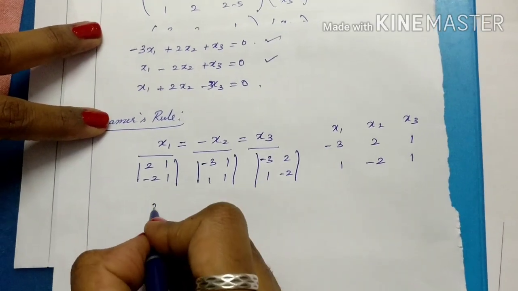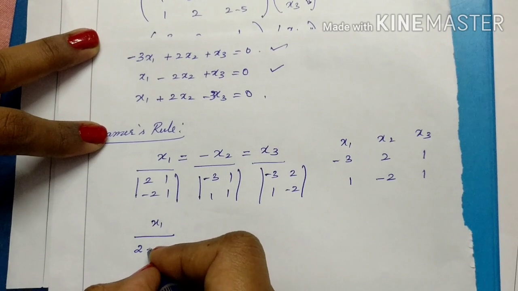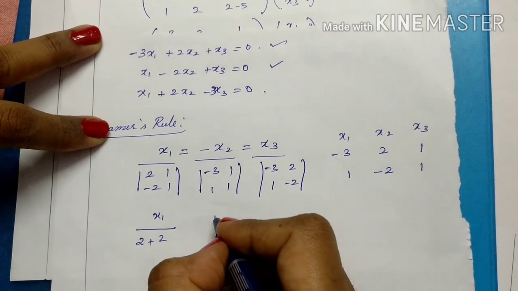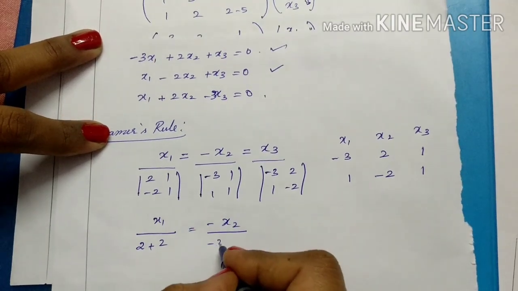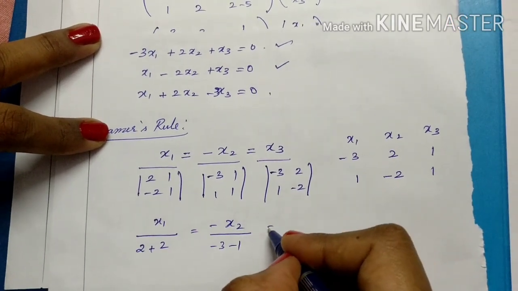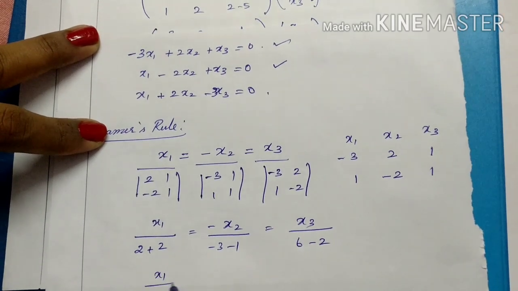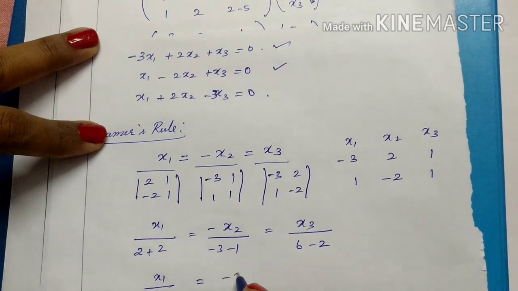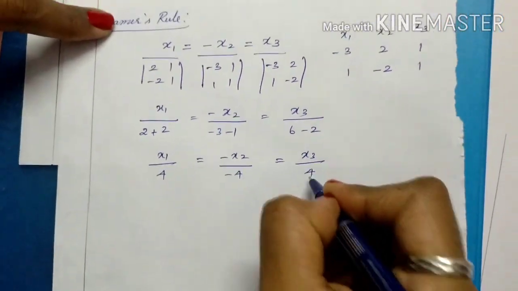So just simplify it. x1 by, it is 2 plus 2, that is equal to minus x2 by minus 3 minus 1, which is equal to x3 by 6 minus 2. So it's going to be x1 by 4 is equal to minus x2 by minus 4, which is equal to x3 by 4.